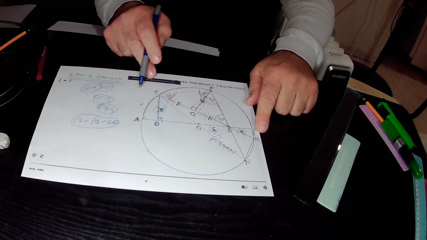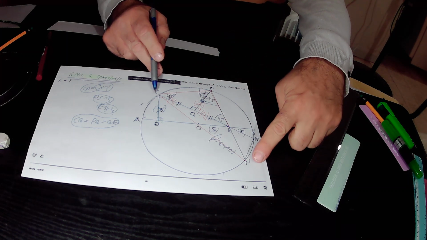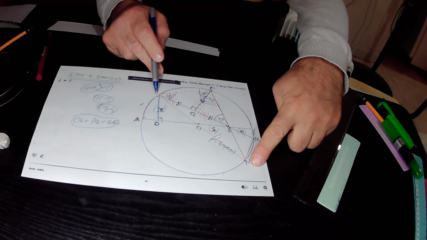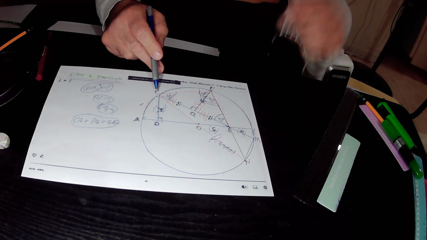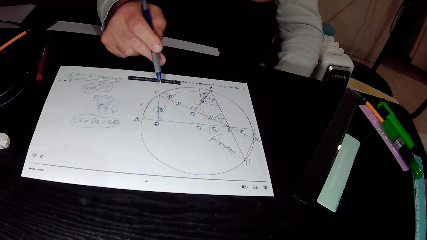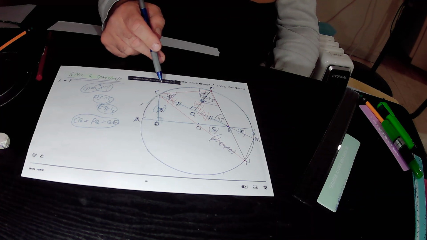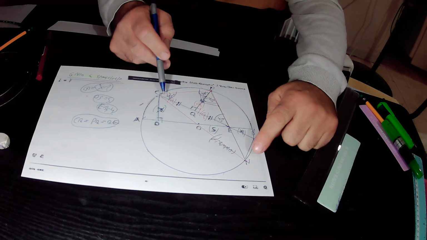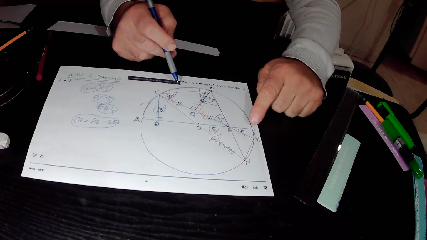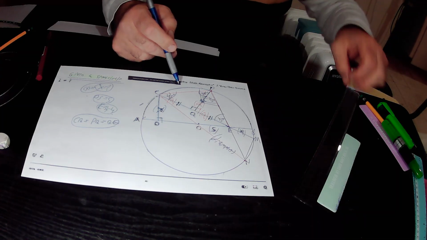Peripheral angle CMN subtends on chord CN again. Chord CN is the diameter of this circle, and therefore according to rule 7, the converse of rule 5, peripheral angle CMN must be equal to 90 degrees in size.